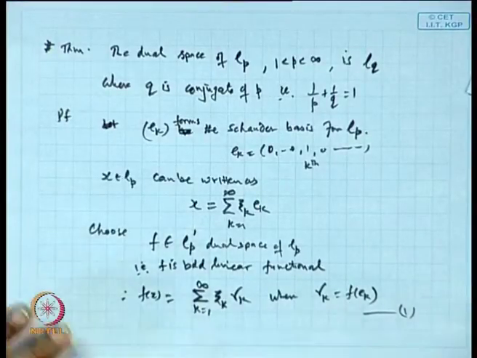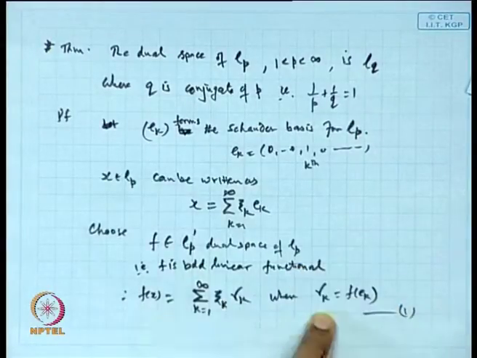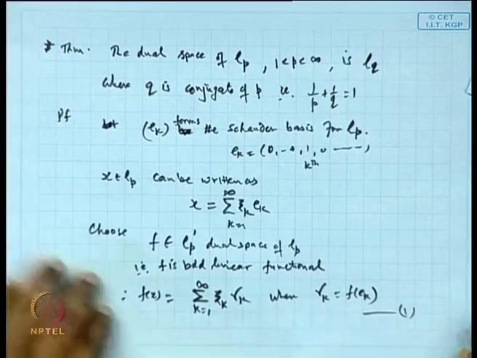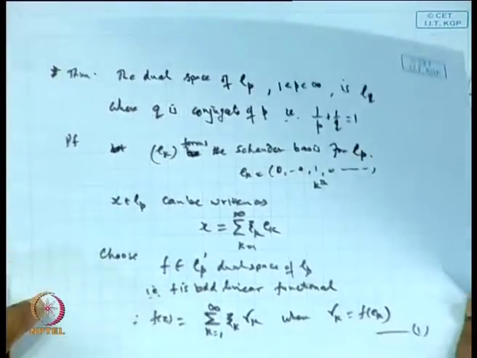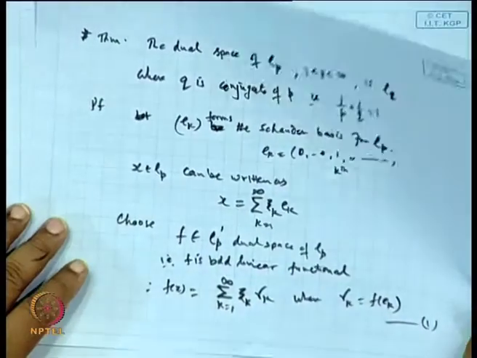Now, from here we wanted to show this sequence gamma 1, gamma 2, gamma n belongs to LQ. The trick here is that we have to choose particular values of x in LP. So, how will we choose?